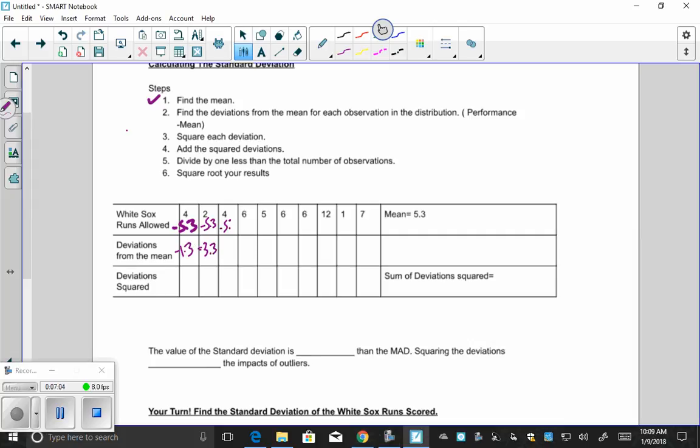Then negative 1.3, and so forth until you get to the end of the column. So the next one would be 0.7.